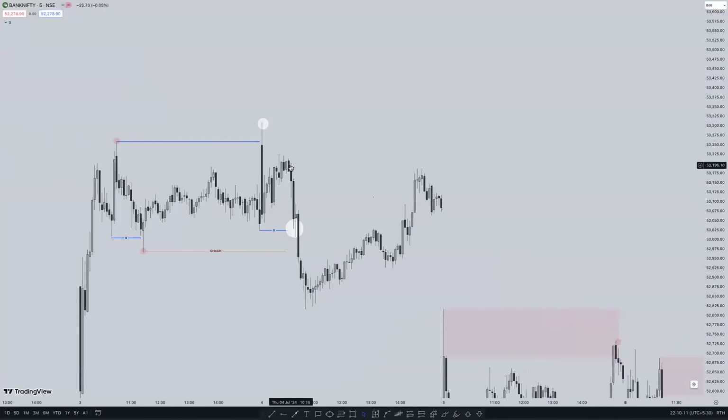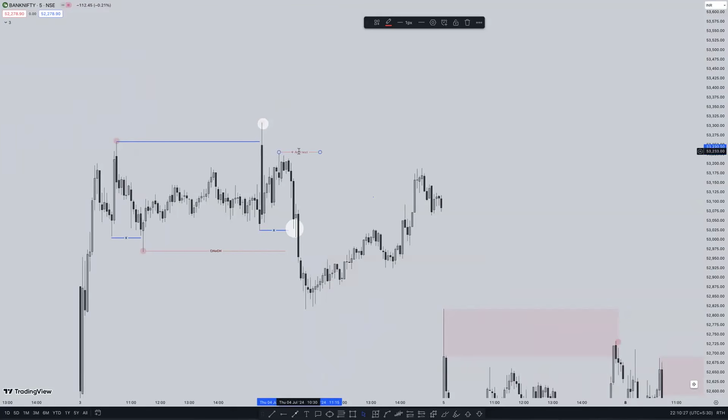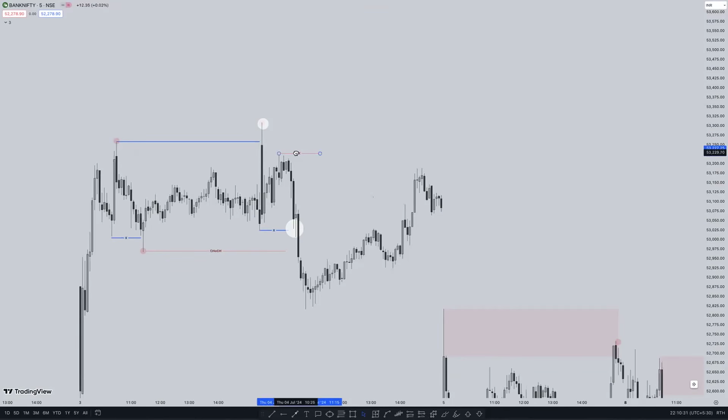In this case, this is a single leg move right here. There is no pullback created here. That's why this is our pullback and this is our inducement right here. Please listen carefully, everyone. This is an inducement right here because this is a pullback.